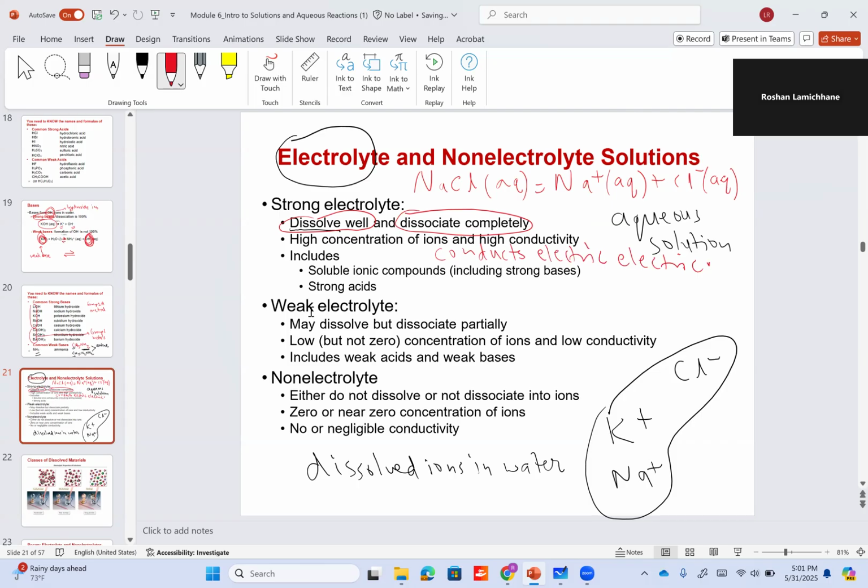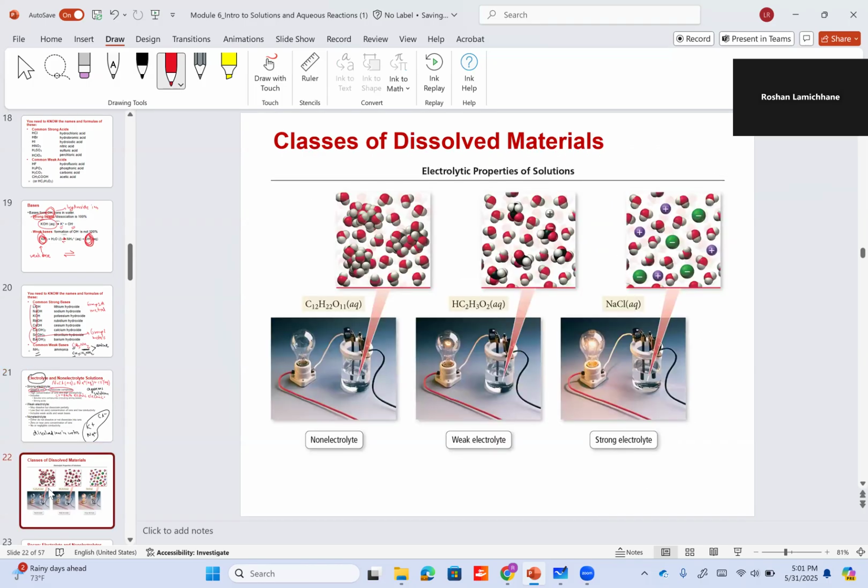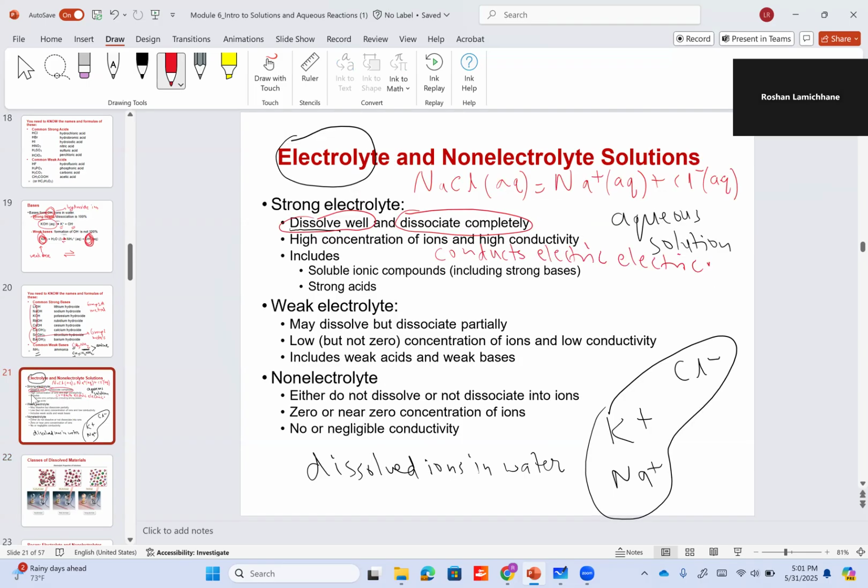An example of a weak electrolyte is a weak acid, like acetic acid. They may dissolve in water, but they do not dissociate into ions completely. In a strong electrolyte, dissociation happens completely, so NaCl dissociates into Na plus and Cl minus completely, whereas here the dissociation is only partial.